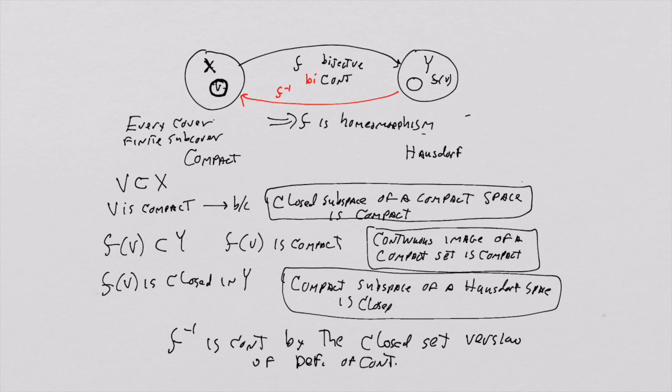And so now we know that since F, which is the inverse of F inverse, takes closed sets in X and gives you closed sets in Y, F inverse is continuous, and therefore this function is bicontinuous. And of course, the bicontinuity plus the bijectivity means that F is in fact a homeomorphism.